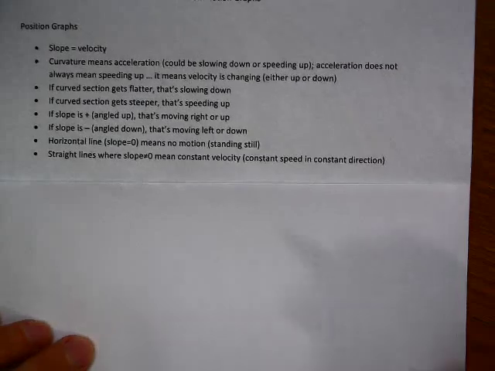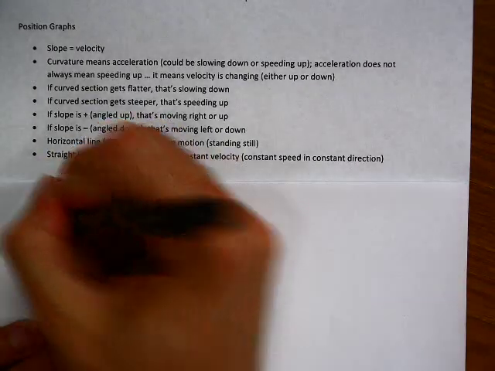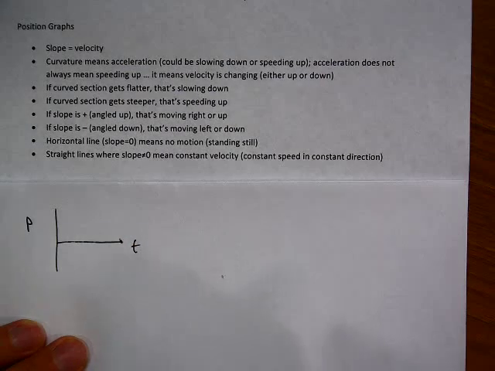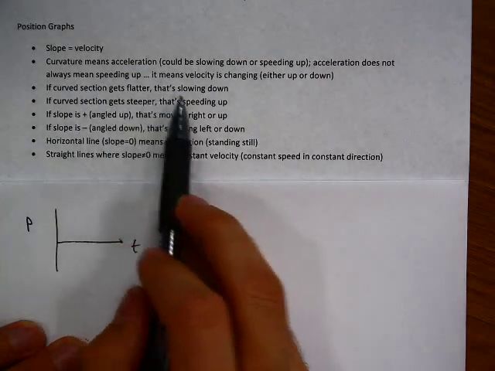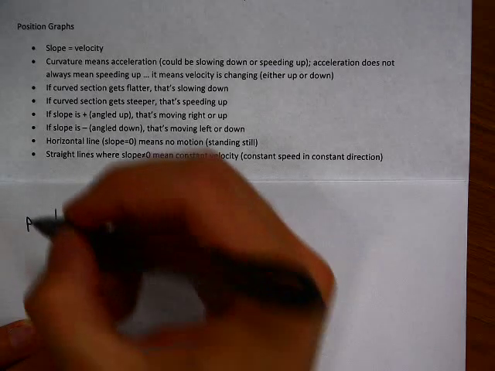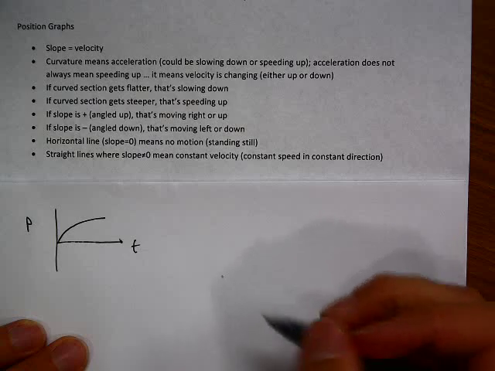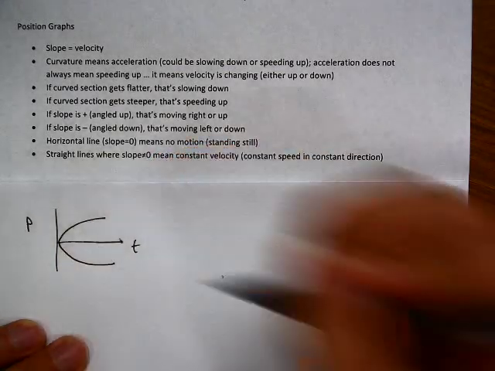Let's look at a couple more examples. This is a position time graph, of course. If a curved section gets flatter, that's slowing down. Here's a couple ways of doing it. That's flatter. So is that.